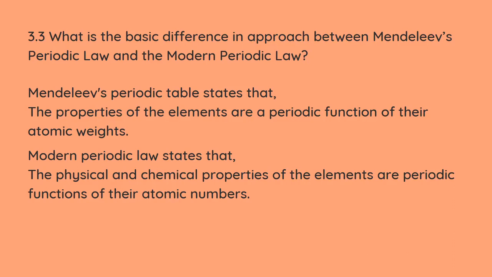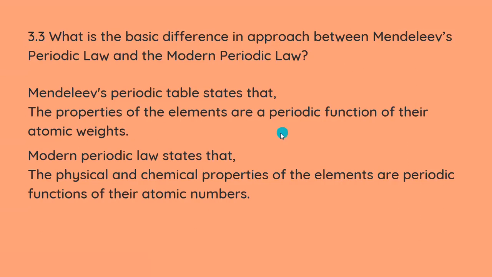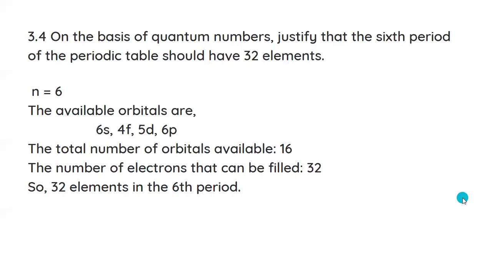That is the reason why we shifted to atomic numbers. So the properties of elements are the periodic function of their atomic weights, according to Mendeleev. Physical and chemical properties of the elements are the periodic function of their atomic numbers, according to the modern law.